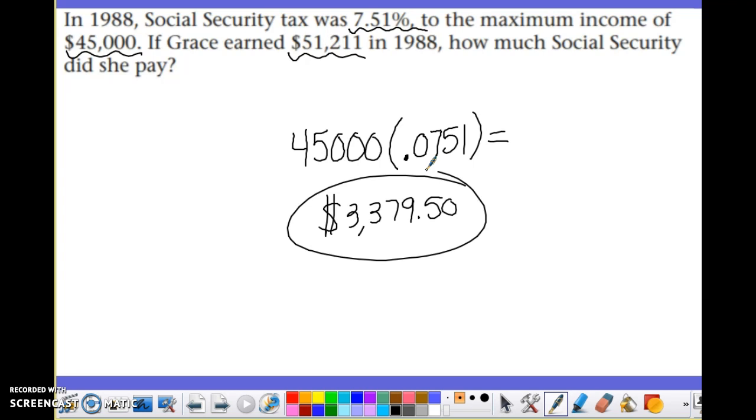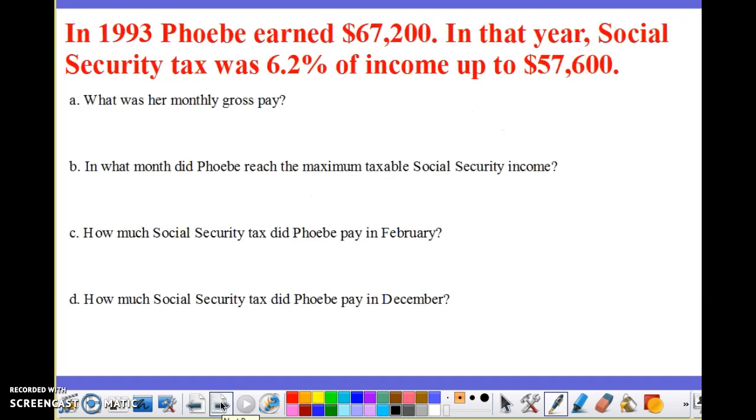All right, one final problem, and then you can go ahead and get started on your homework. It says in 1993, Phoebe earned $67,200. In that year, Social Security tax was 6.2% of income, up to $57,600. This one asks a couple different questions.